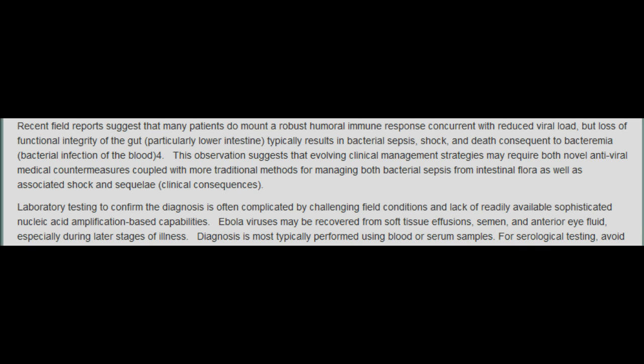So what it's saying is the immune system kicks in and begins to actually reduce the virus, starts to kill the virus, but because your gut has been so compromised by the virus, your blood gets infected and you end up dying from sepsis, which is what I was talking about with that septicemic plague, right?